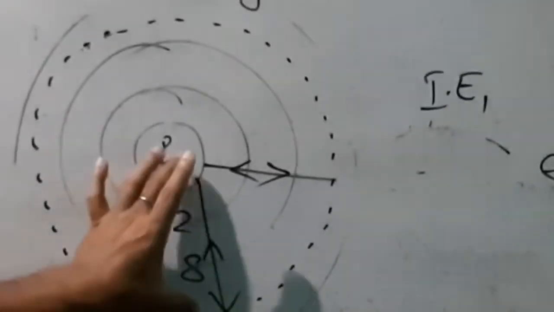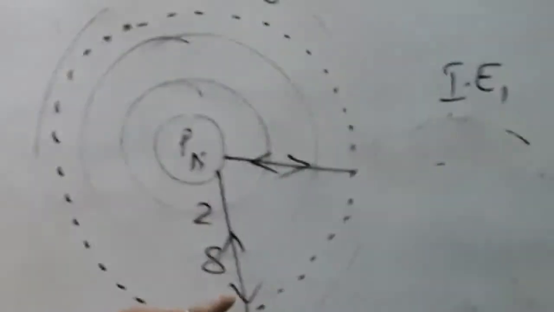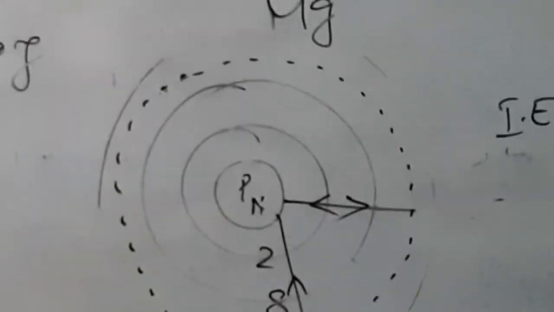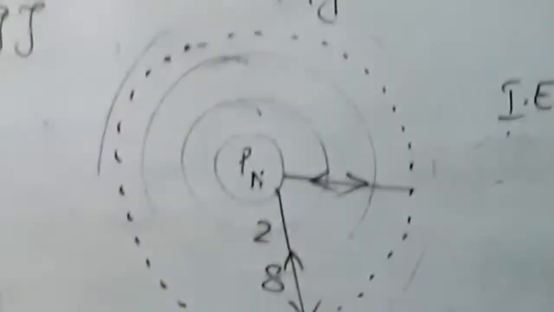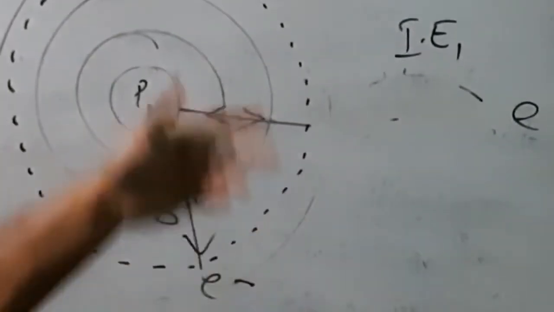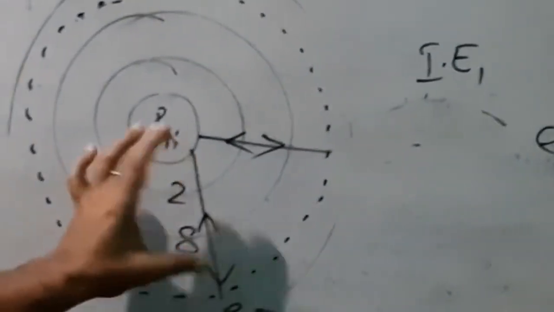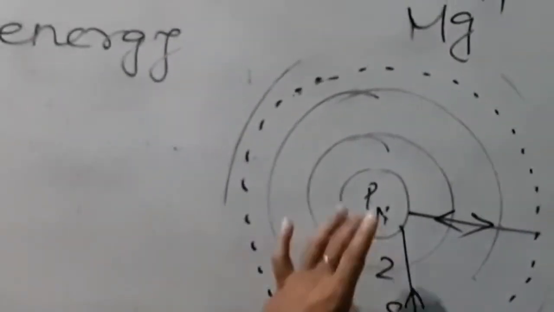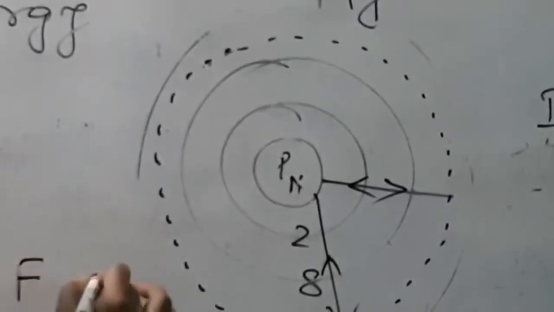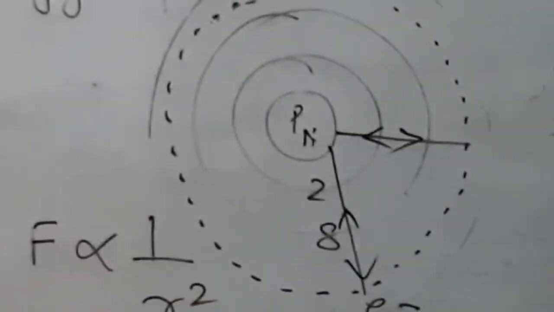So it means the force acting between the nucleus and the outermost electron or valence electron present in the magnesium ion, due to contraction in size, now becomes large, because yesterday we discussed force is inversely proportional to the square of the distance.